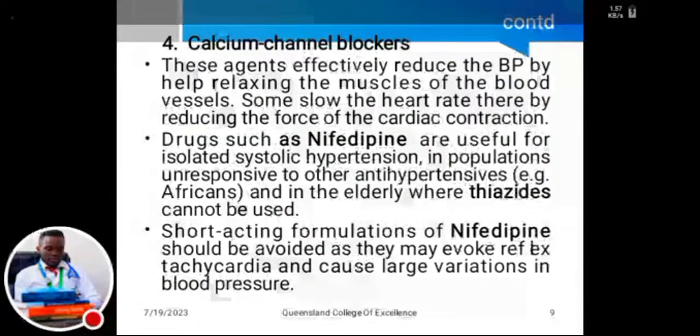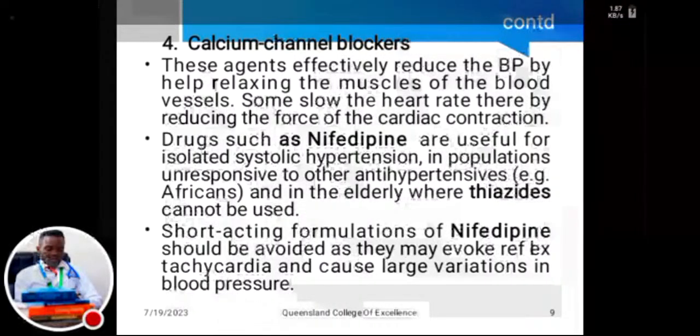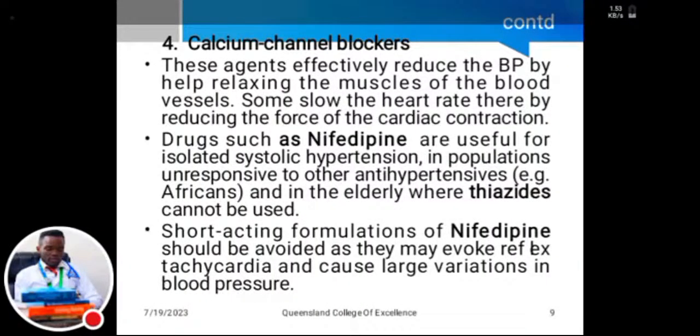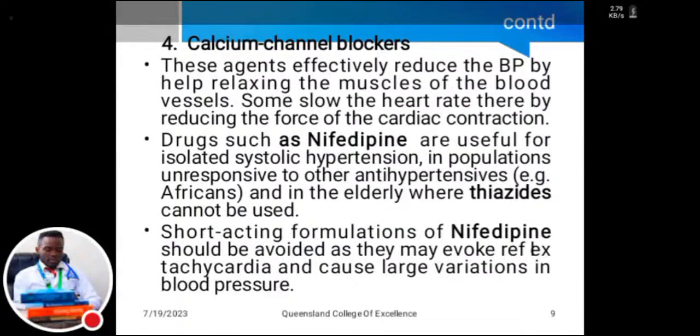Some usually slow the heart rate, thereby reducing the force of cardiac contraction. That's how they usually work. They reduce the cardiac contraction and induce what we call cardiac relaxation, thereby taking away pressure from the myocardial muscles, the muscles found in the heart, which we call the myocardial cells.